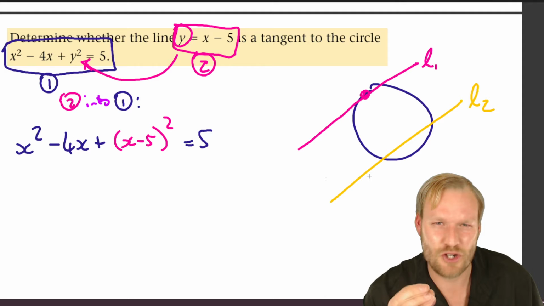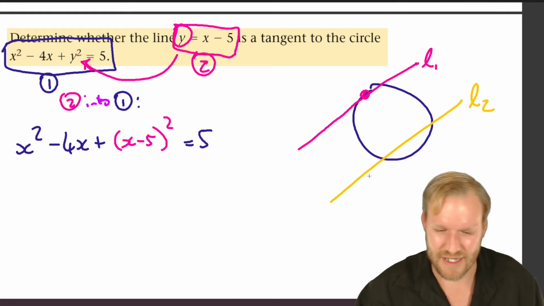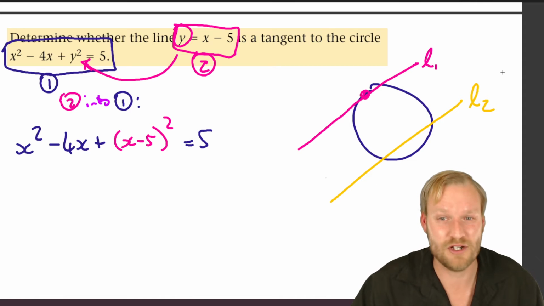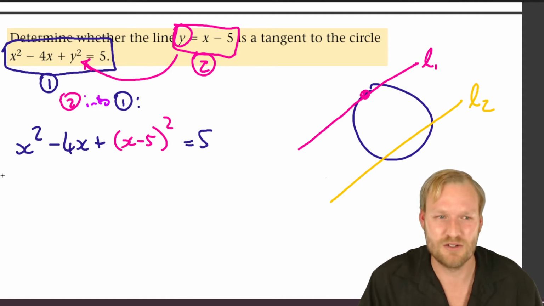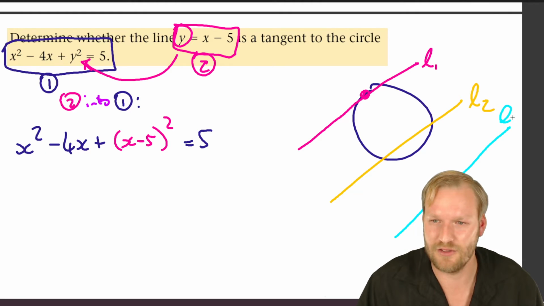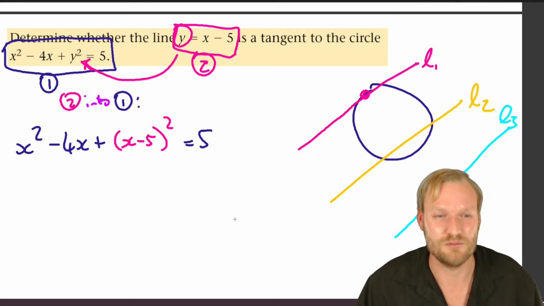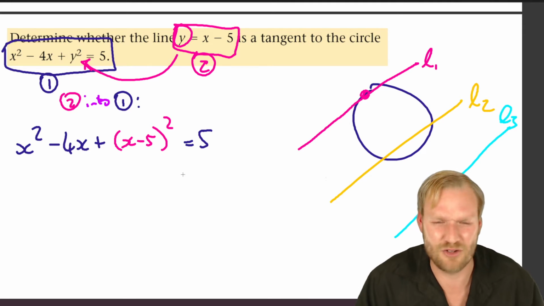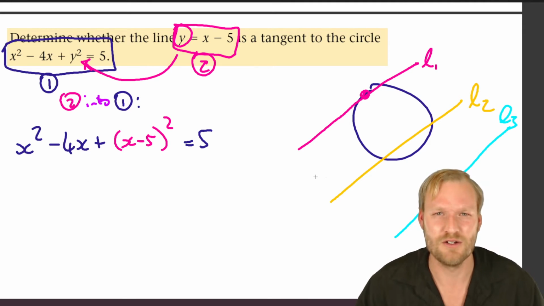How are we going to interpret that? How are we going to know whether we've got a tangent, like L1, where it touches once, or not a tangent, like L2, where it touches twice, or perhaps there's a third option? We might find another line here, L3, where it doesn't touch at all. How are we going to know which of those scenarios we've got?